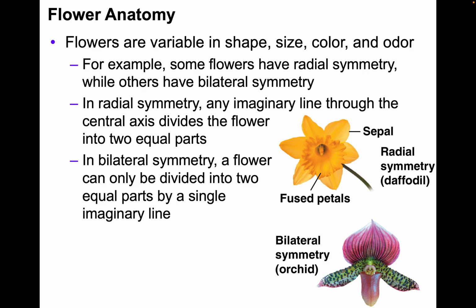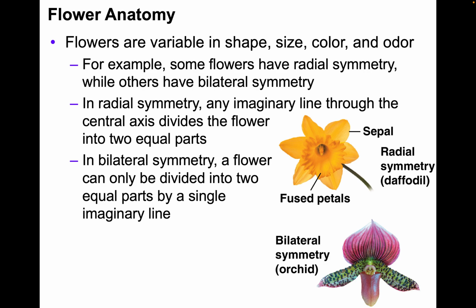So, flower anatomy, huge variety, shape, size, color, odor, including ones with an odor that smells like rotting things to attract pollinators that like to eat rotting things, like flies and things like that. Anything else really interesting here? Not really.